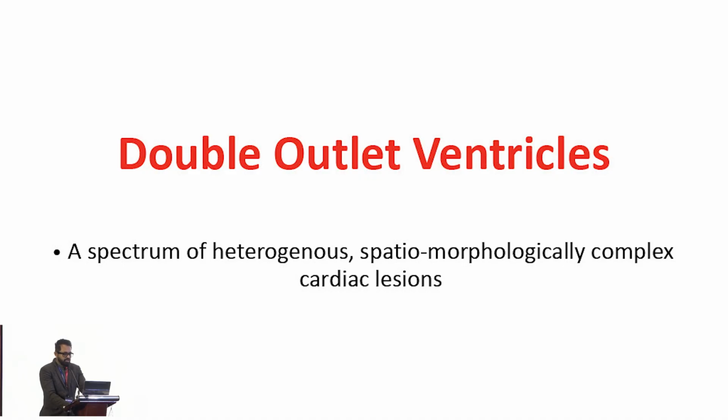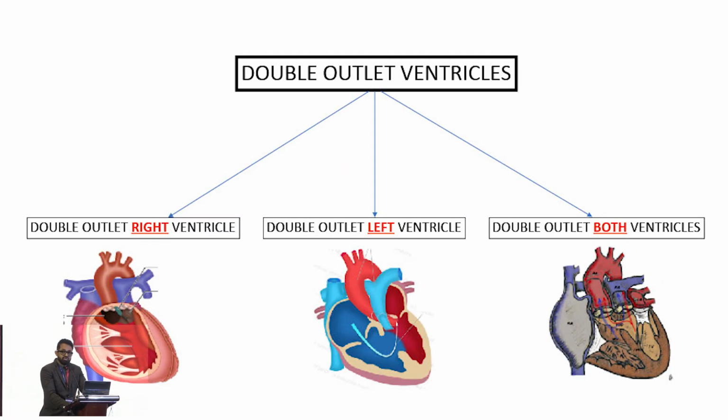So today we're talking about double outlet ventricles. As we have heard through the morning, this is a spectrum of heterogeneous, spatio-morphologically complex cardiac lesions, which could essentially be of three types: a double outlet right ventricle, a double outlet left ventricle, or a double outlet both ventricles.